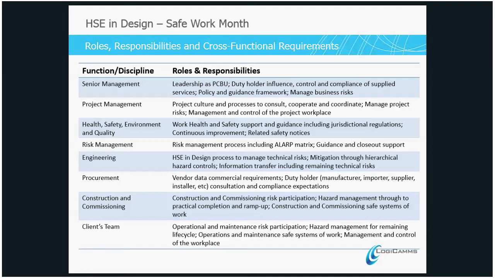So for instance, for a construction contract, it's not totally uncommon now for a constructor to make a request, as a duty holder, when he is awarded a contract, for the risk register that you're using on the project, so that he can ensure that he understands what the risks are from a construction point of view for the design that we're doing, and therefore that he can then make sure that he approaches it the right way.